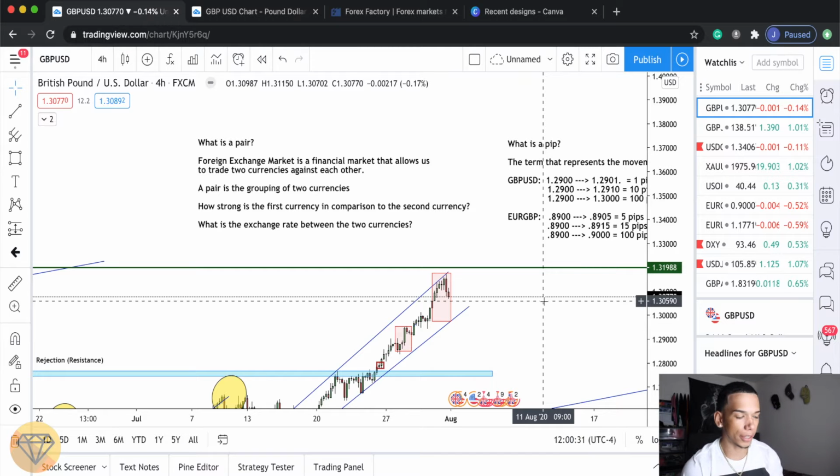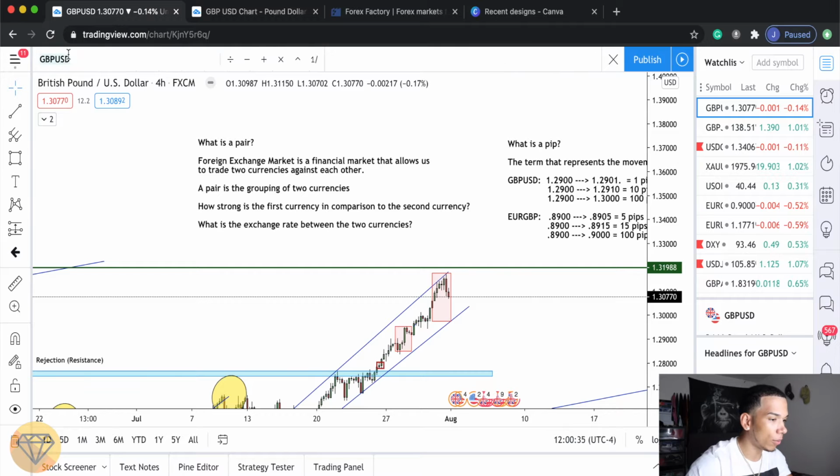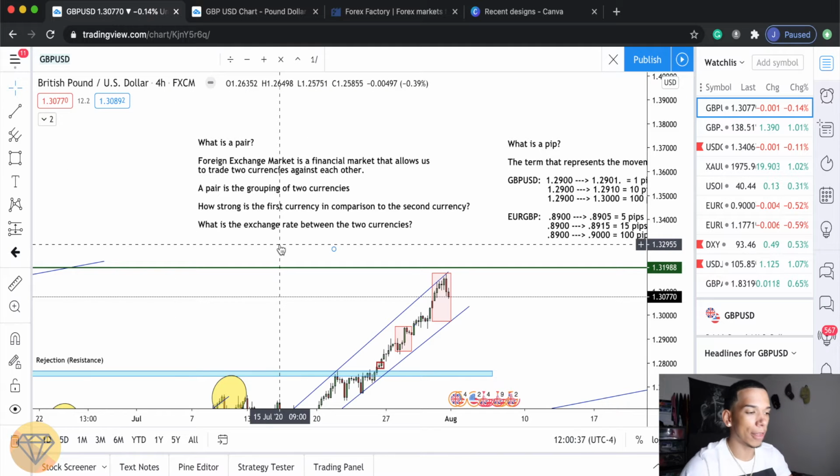So the first currency, if you look to the top left of the screen, right here we have GBP USD. The first currency in that pair is the Great Britain pound, and the currency following is a US dollar. In the pair, you have two currencies. The first acronym is going to be the first currency. The second acronym is going to be the second currency.